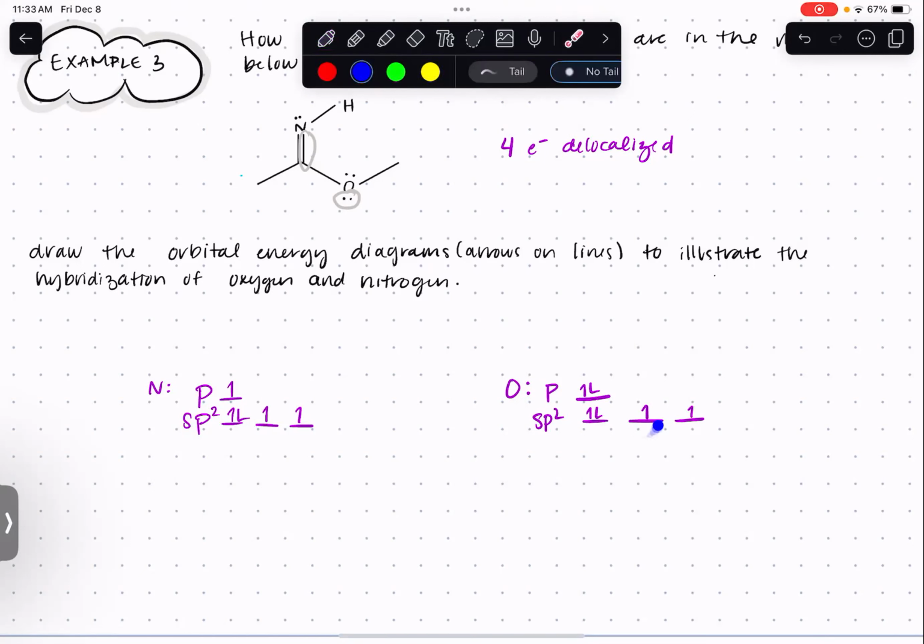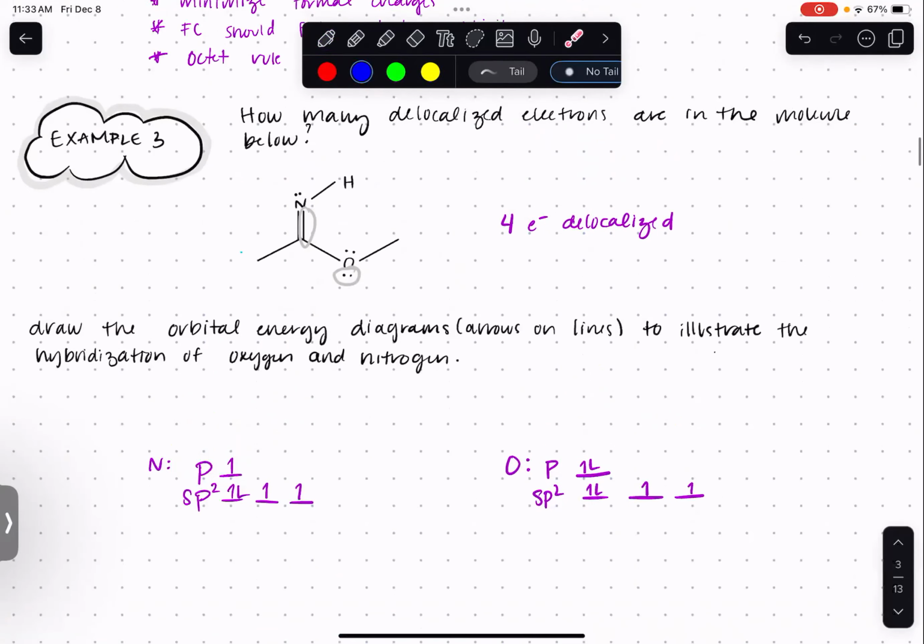So the 2 electrons in the sp2 is the other lone pair that's not participating in the resonance. One of these is for this bond, one of these is for this bond, and then these 2 electrons in the p orbital are actively participating in our resonance. Does that make sense to everybody?